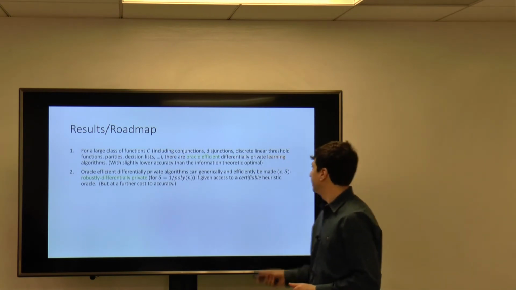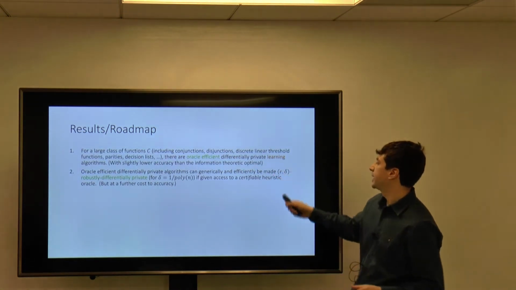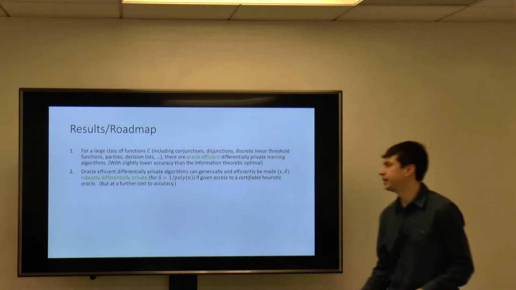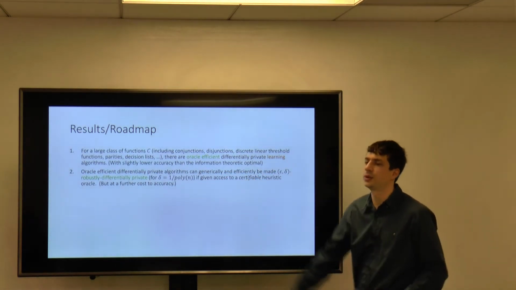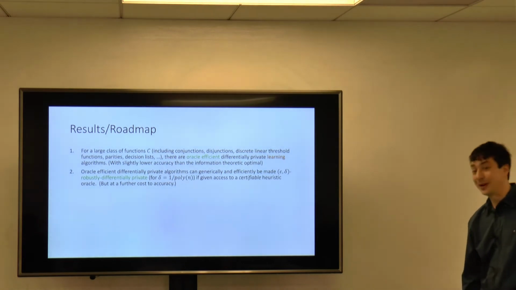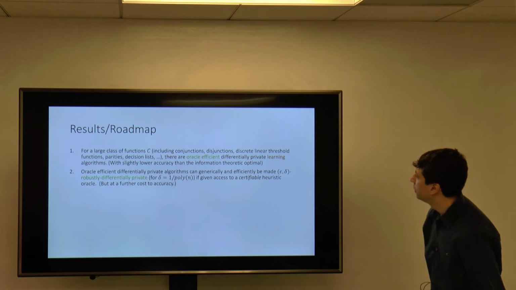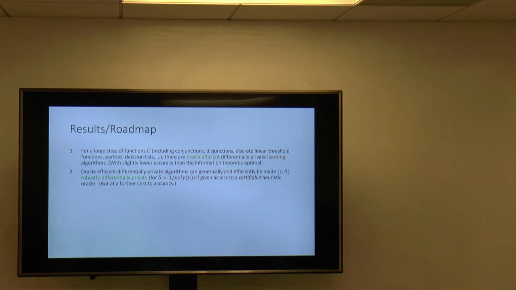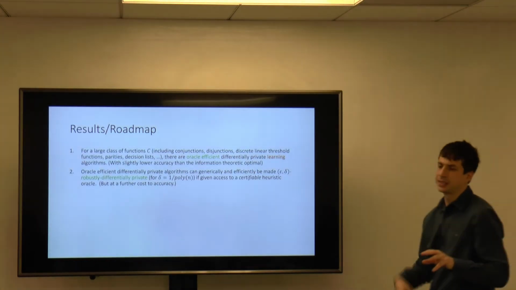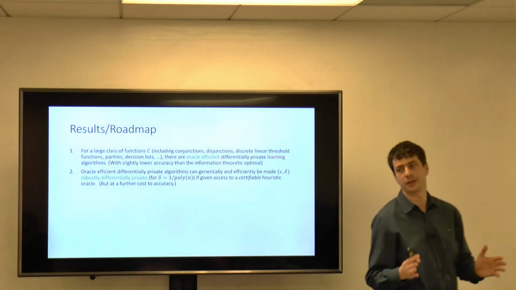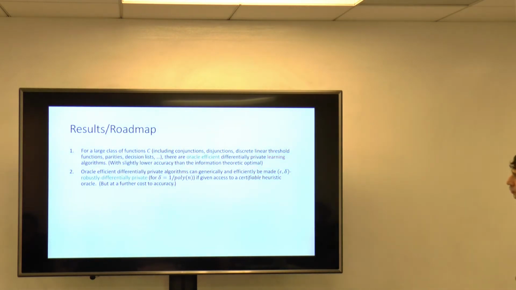If I'm willing to relax my privacy guarantee from epsilon-0 differential privacy to epsilon-delta differential privacy, where delta can be as small as 1 over polynomial in n, because the running time is going to involve a 1 over delta term, then I can generically take your oracle efficient private algorithm and make it robustly private. So turn it into something whose privacy guarantee does not require that the oracle work.